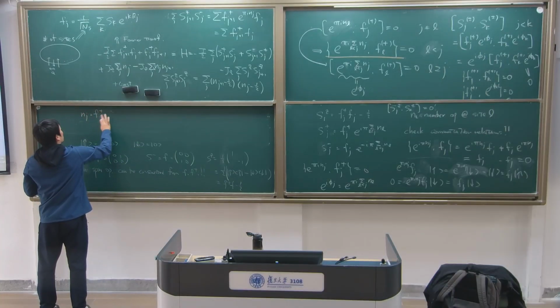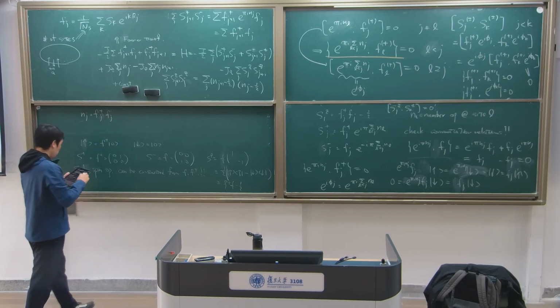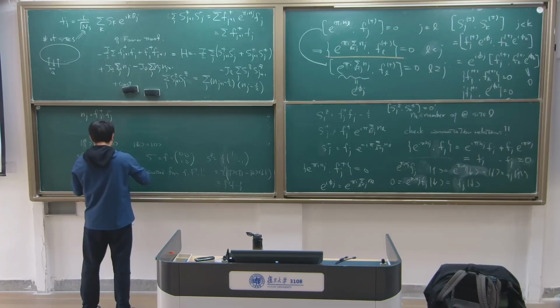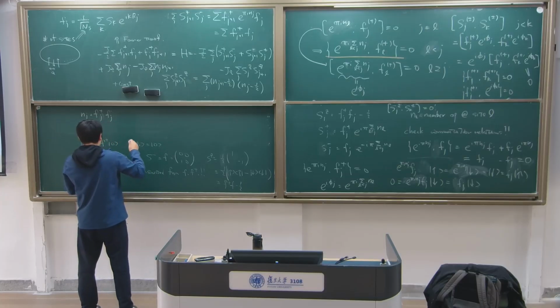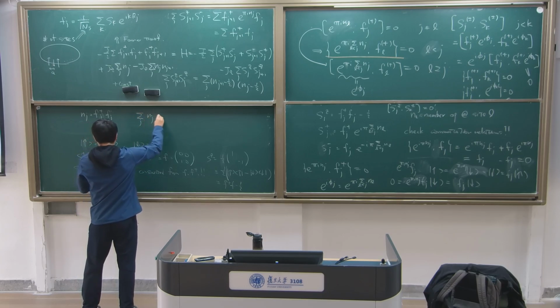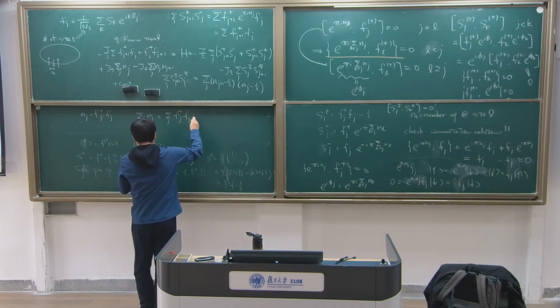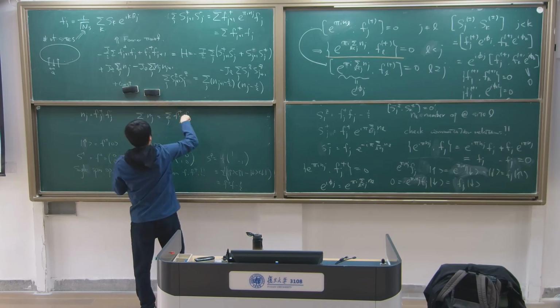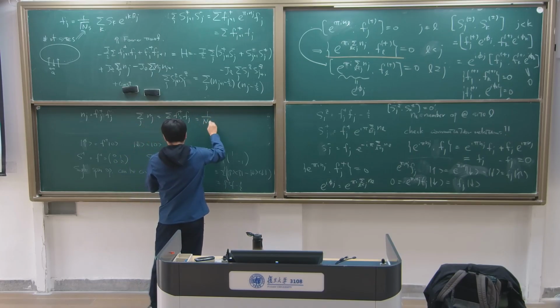So this is just Fj dagger Fj. Therefore, the sum over Sj is equal to the sum over j of Fj dagger Fj, and then you just plug that one into here.